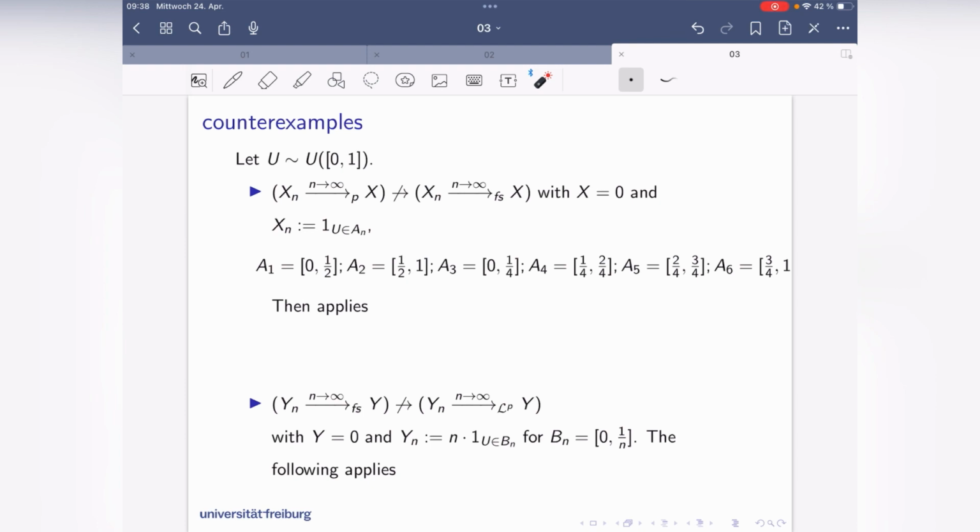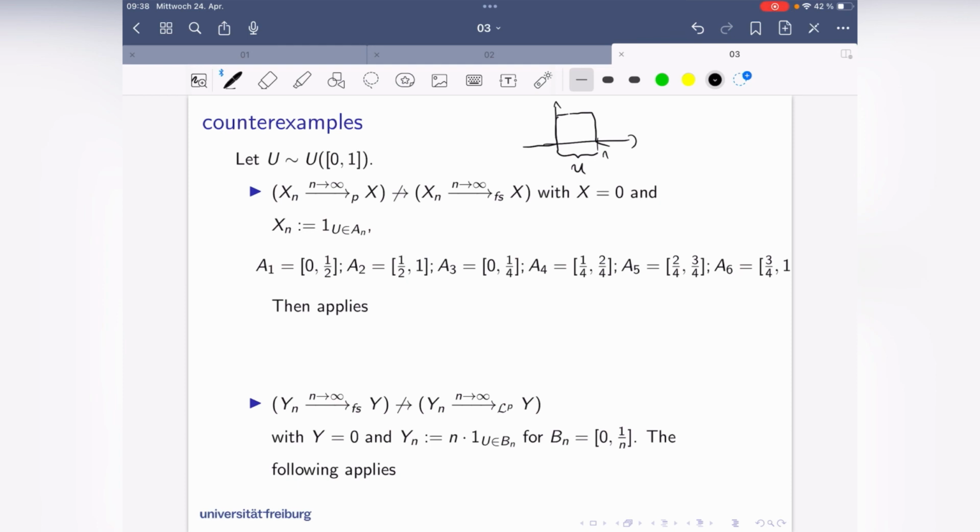I have u is uniformly distributed. Here's 1. So u is a uniform value somewhere here.